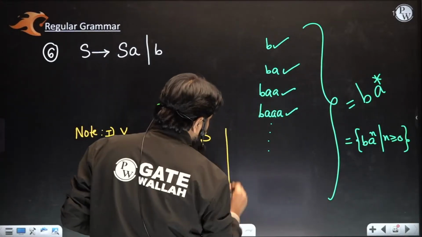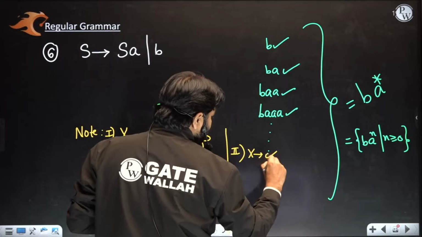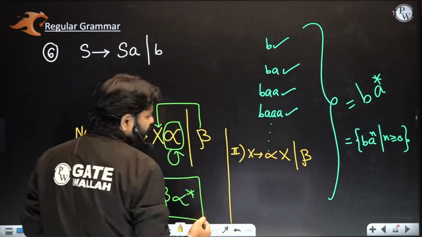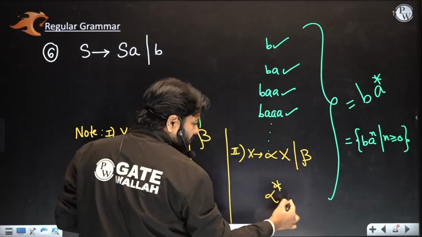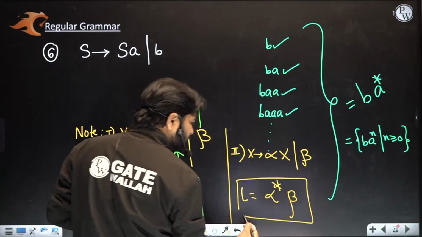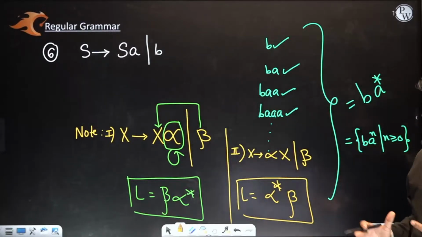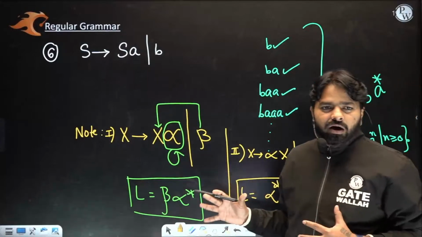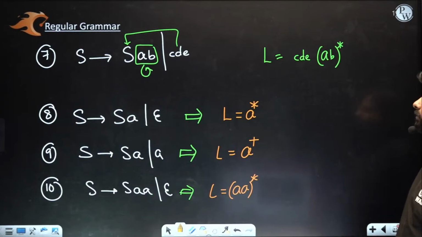Note 2 is, if you see that X derives alpha X or beta, now alpha is on the left side, so alpha star, and now beta should come on the right side. So this is the language. So whether it is left recursion or right recursion, use the same concept, because for regular grammars, the representation of the regular language is very easy to write.